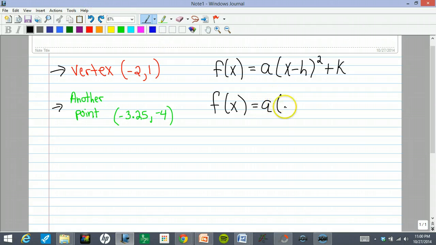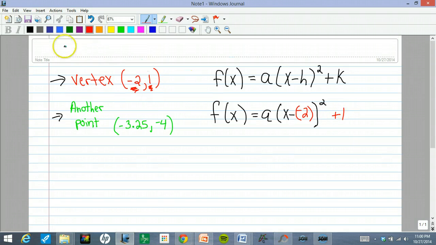I can substitute in x minus my vertex, negative 2. So x minus negative 2, put that in parentheses for a quick second, squared, and then plus 1, the other part of my vertex.